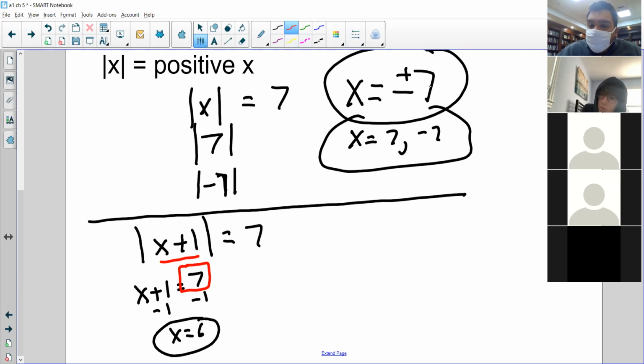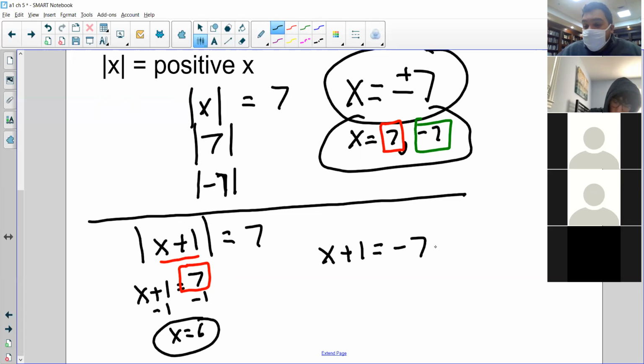But just as we talked about before, it's not just positive 7 we have to set it equal to. We have to set it equal to -7. So we do the equation, what's inside the absolute value: x plus 1 equals -7. And as somebody mentioned, you subtract 1 on both sides. x is going to be -8.